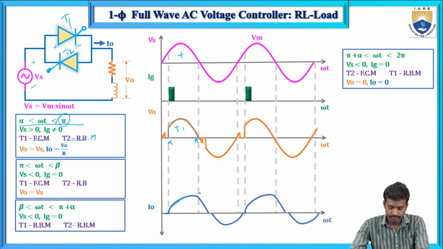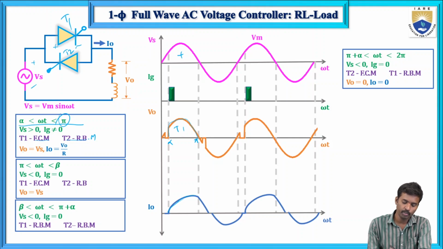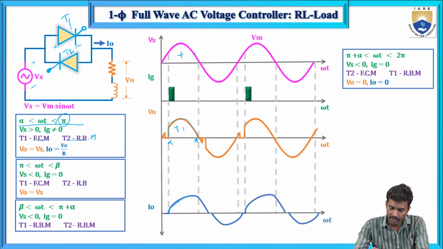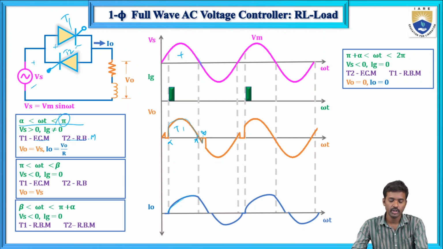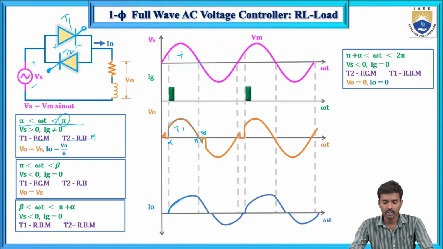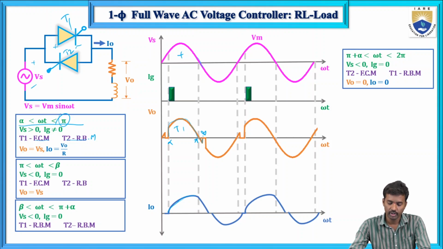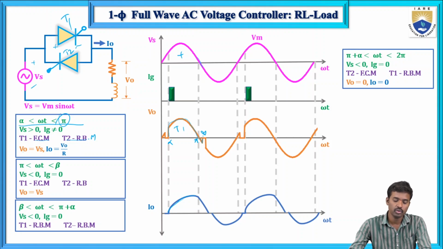And what about pi to pi plus beta? Up to this point, this is beta. The inductor stores energy in the form of a magnetic field from alpha to pi. After that, the inductor delivers the power from the load back to the source.